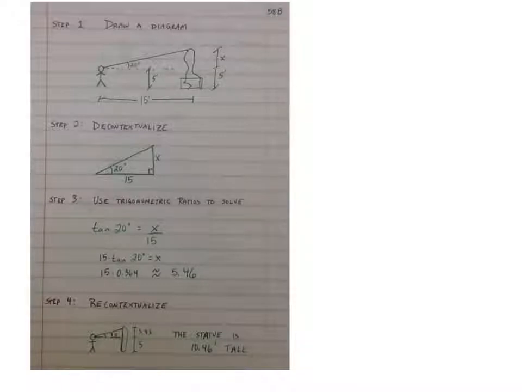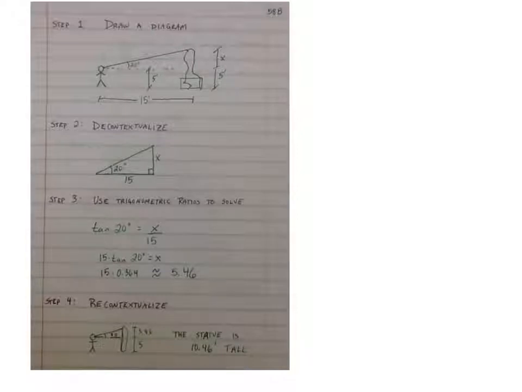If we take this diagram, what we can do is decontextualize it. That's kind of a fancy word for get rid of all the extra information so that it's just a simple diagram. And now what we have is a simple right triangle, and we're looking for the side opposite of 20 degrees.